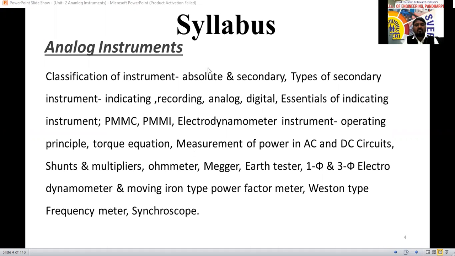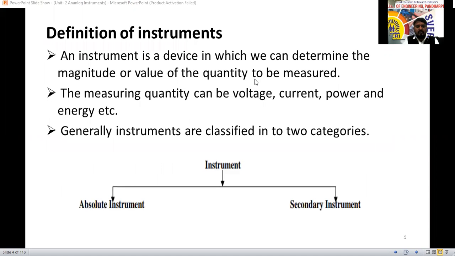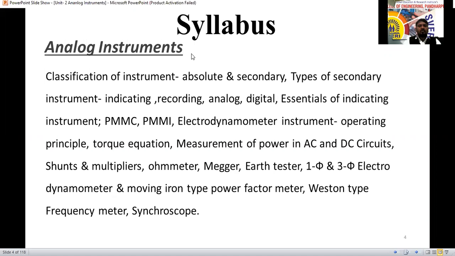First come absolute instruments and secondary instruments. In absolute instruments, we measure the parameter in terms of meter constants or meter parameters. Exactly what we want we will not get directly; later, based on that, we have to calculate and do the analysis. That is called absolute instruments. Secondary instruments read directly.